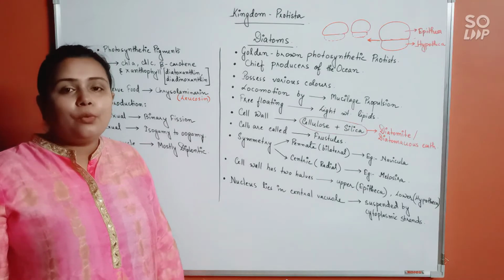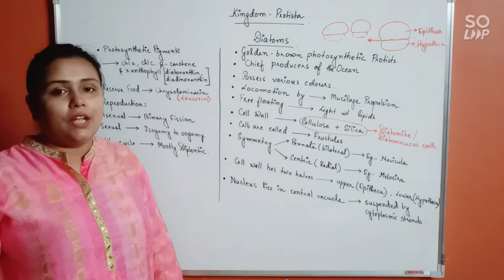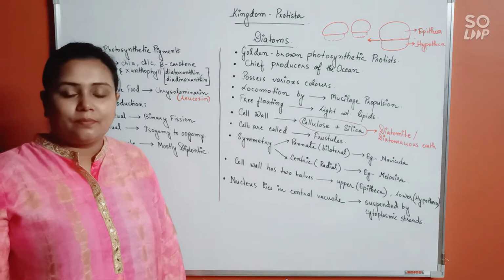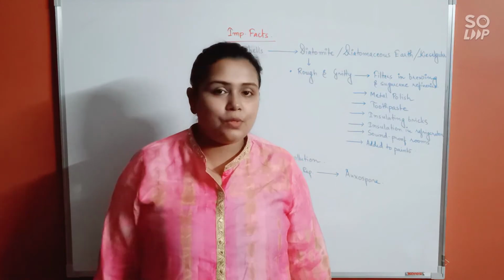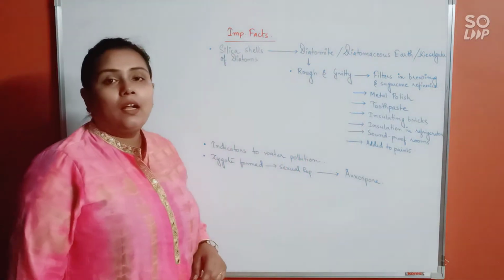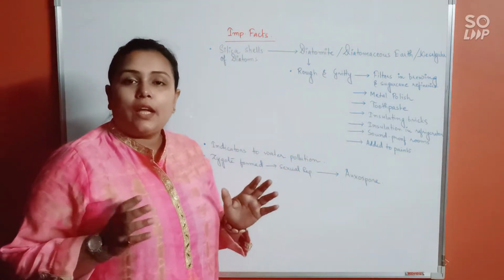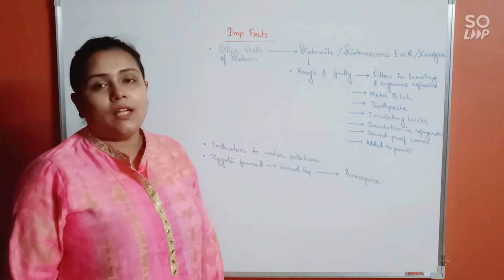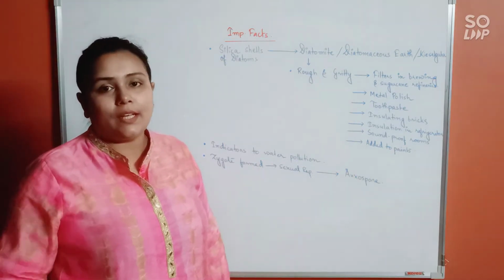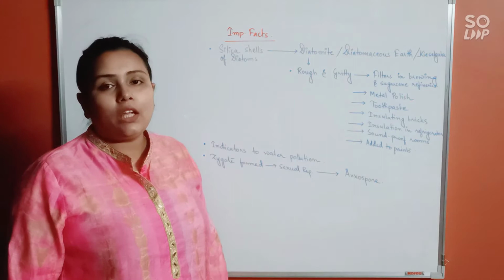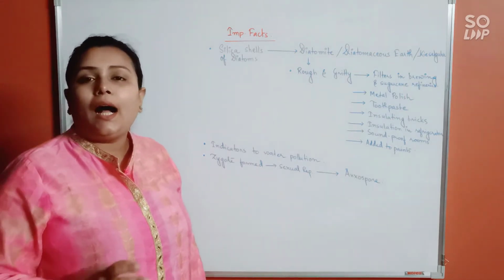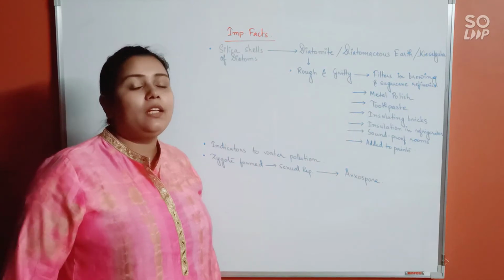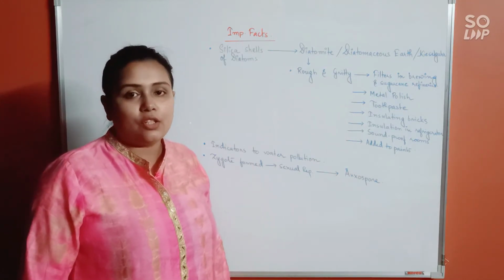Now for a few important facts regarding diatoms. First, I have told you already, the cell wall of diatoms consists of cellulose plus silica. This is a very unique combination that makes the cell wall of the diatoms highly rigid and nearly indestructible in nature.